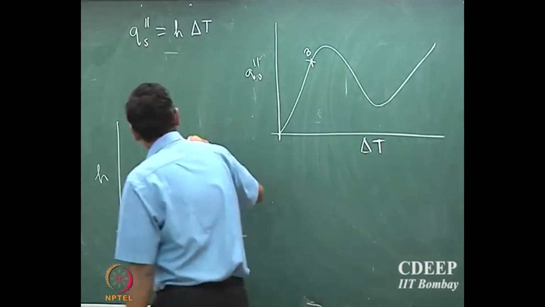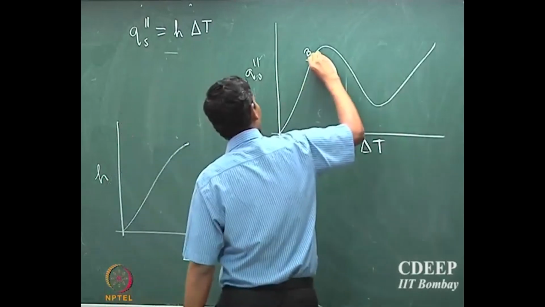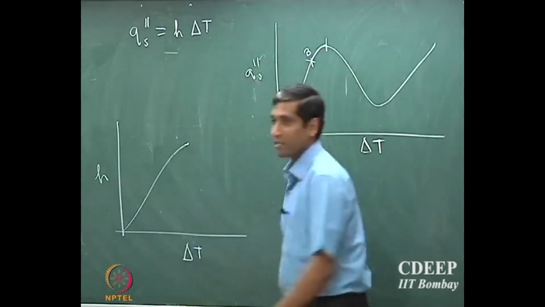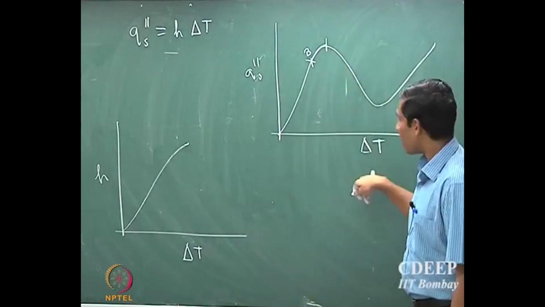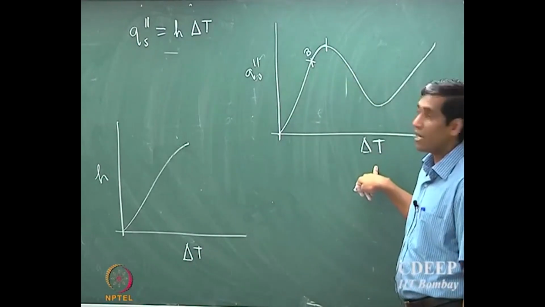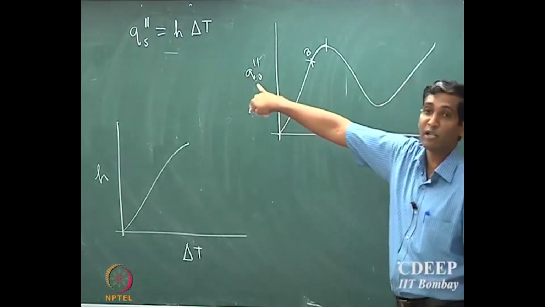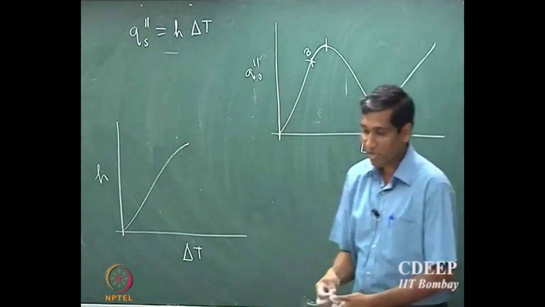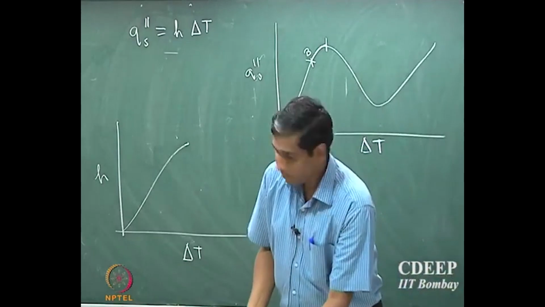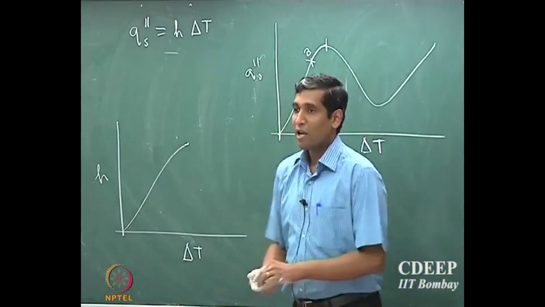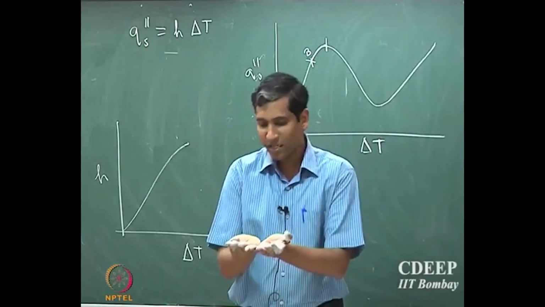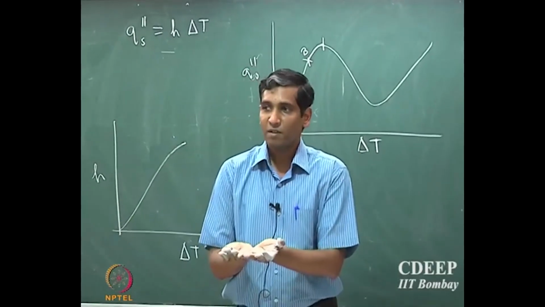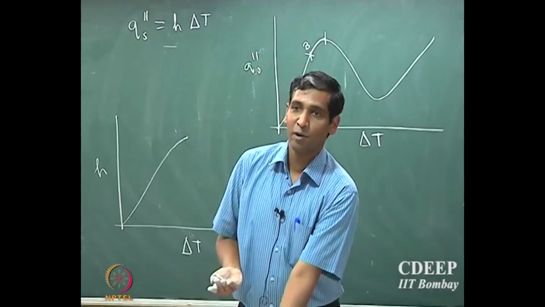So supposing I increase the flux here, okay. The increase in the flux here is because of the increase in the delta T and not because of an increase in the heat transport coefficient. So now there is a competition: the increase in the flux is because of the competition between the increase in the temperature difference versus the decrease in the heat transport coefficient.